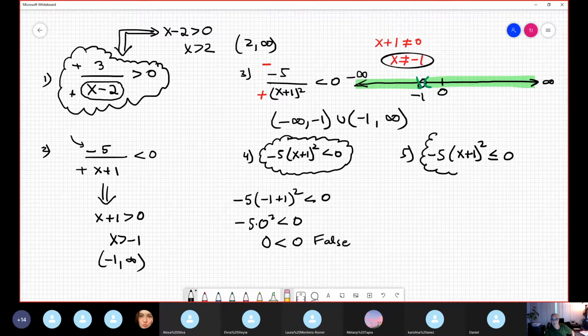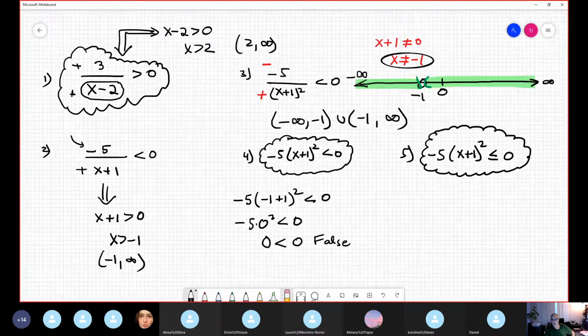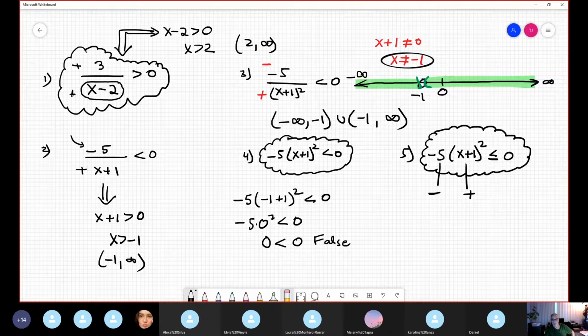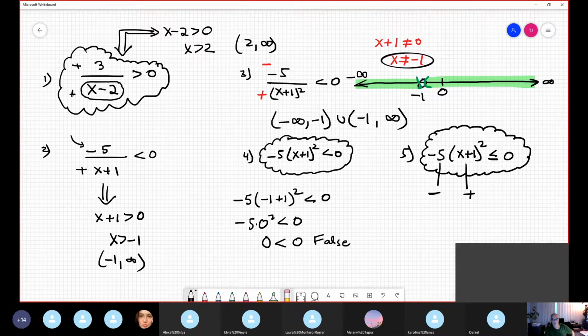And what do you think about this? This is very, very similar. I copied it intentionally, similar, but I include an equal sign. Okay, so again, same analysis. This is negative. This is always positive. But what happens at 0? At 0, it's true.